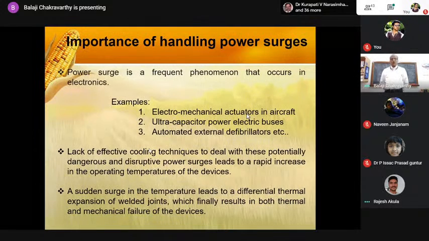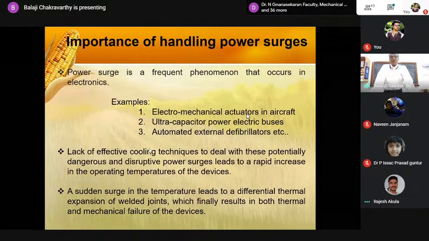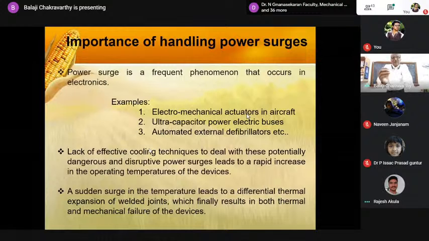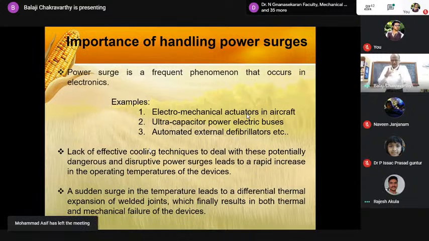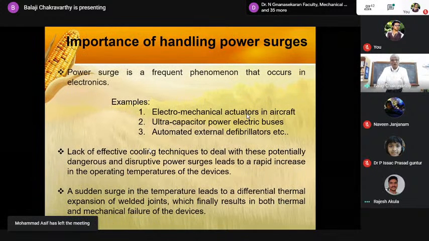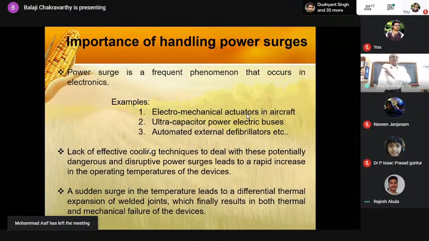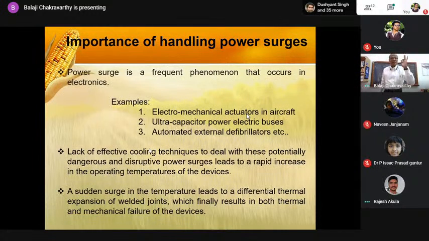Okay. So even if you have a welding joint, if you have a power surge and this power surge is not controlled... see, the fundamental point is, the power surge is not under your control. But the response to the power surge is the job. The response to the power surge is under the control of the thermal engineer. Whatever the power surge is, we should be able to absorb the shock. We are like the thermal shock absorber. We are like the shock absorber for a car.